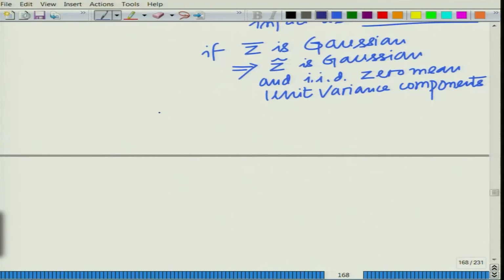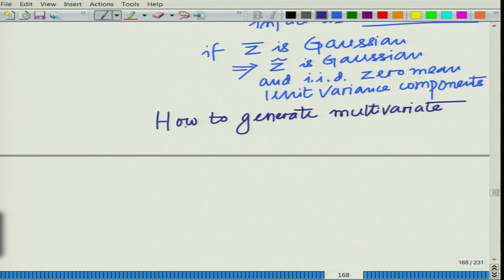The other way around, now if you want to generate a multivariate Gaussian, this process has an interesting name.